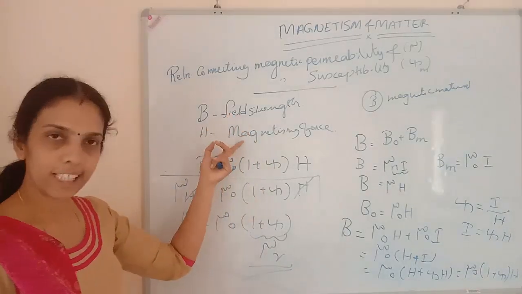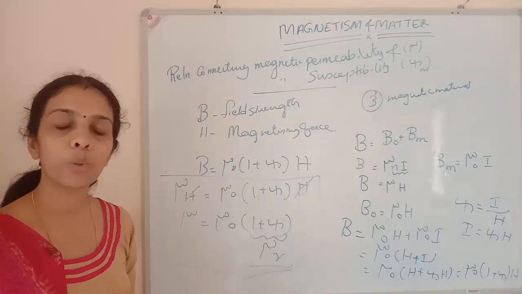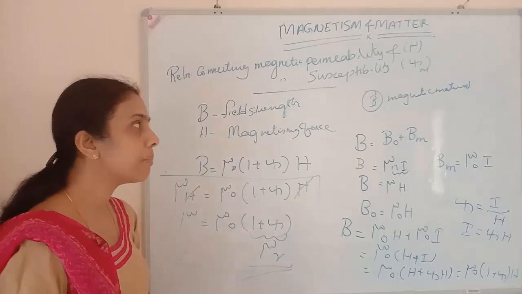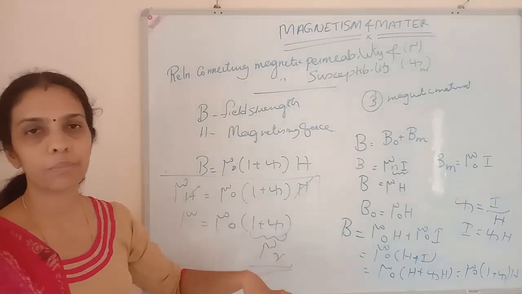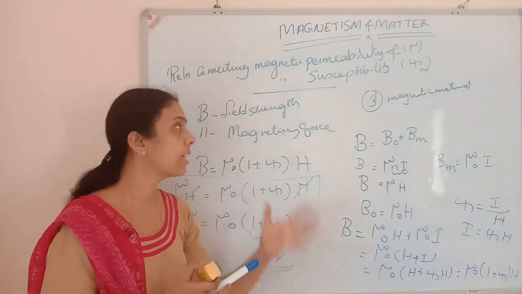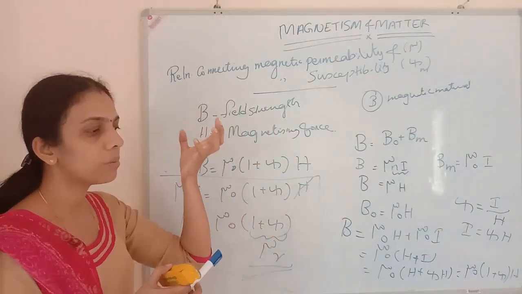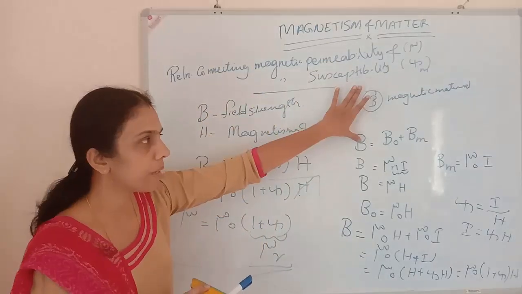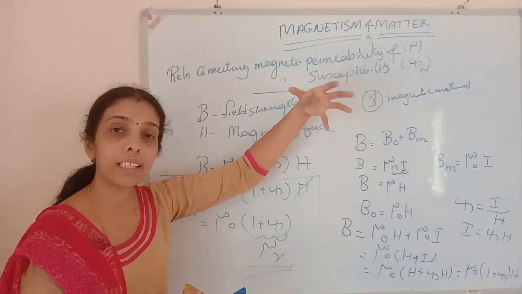I'll explain once more. Here we are going to find the relation connecting magnetic permeability and magnetic susceptibility. In the presence of a magnetizing field, we keep one magnetic material. The material is getting some magnetic field.